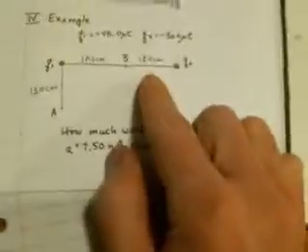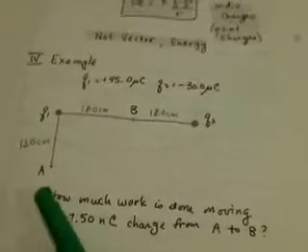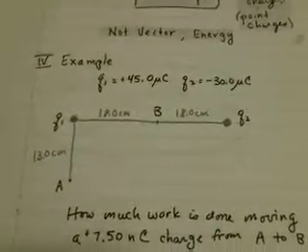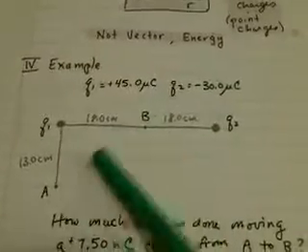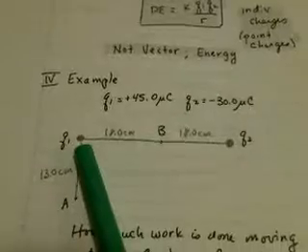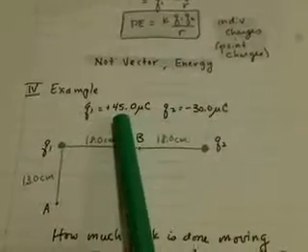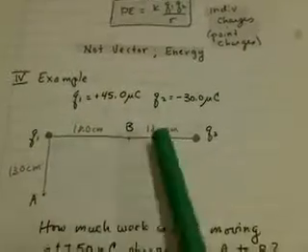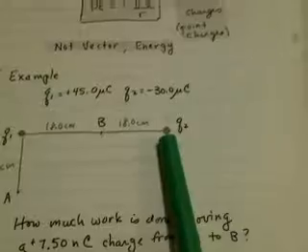This is an example of a type of question that they might ask you in terms of calculating work in moving charges from one point to another. So we have point A and point B. Those 2 points are located inside electric fields given to you by Q1 and Q2. Q1 is positive 45 microcoulombs. Q2 is negative 30 microcoulombs.